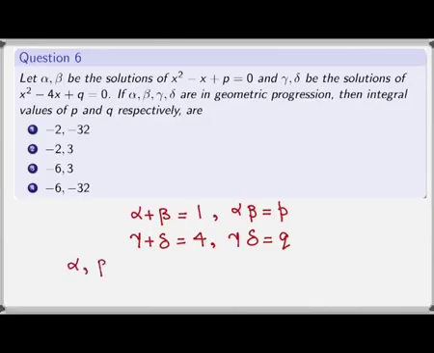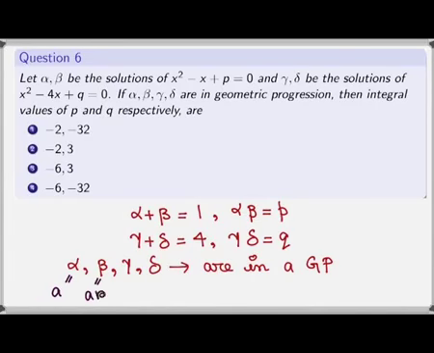Since alpha, beta, gamma and delta are in a geometric progression, we can write alpha is equal to A, beta is equal to AR, gamma is equal to AR square, delta is equal to AR cube for some A and R. Here we can write that P is equal to A square into R, as alpha is equal to A and beta is equal to AR, and Q is equal to A square into R to the power 5.